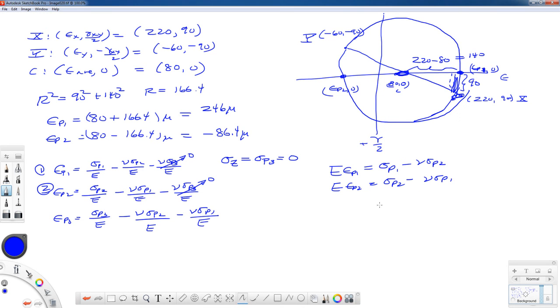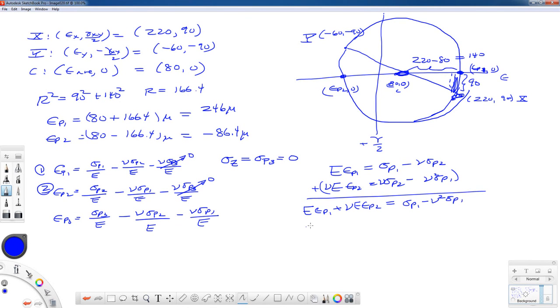If I multiply the bottom equation by Poisson's ratio and add them together, then on the left-hand side, I have E epsilon P1 plus nu E epsilon P2, and I have sigma P1. The sigma P2 term goes away, and I have minus nu squared sigma P1.